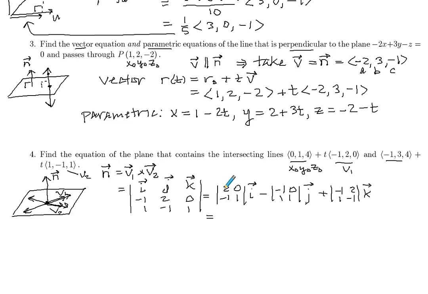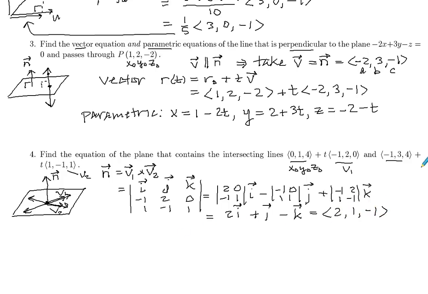And so this gives us 2 minus 0, so that's 2i, minus (-1 minus 0), so that's 2i plus j. And then here we've got 1 minus 2, so that would be minus k. So our normal vector is just (2, 1, -1).